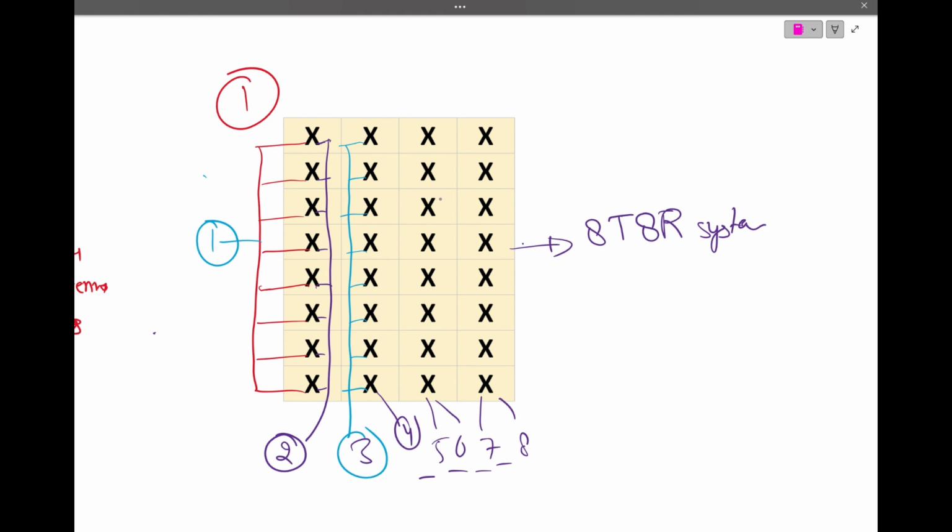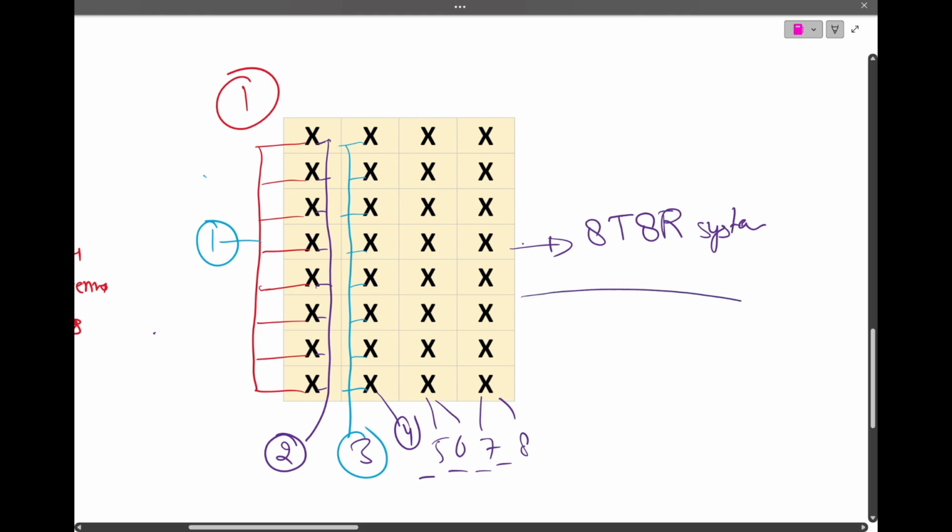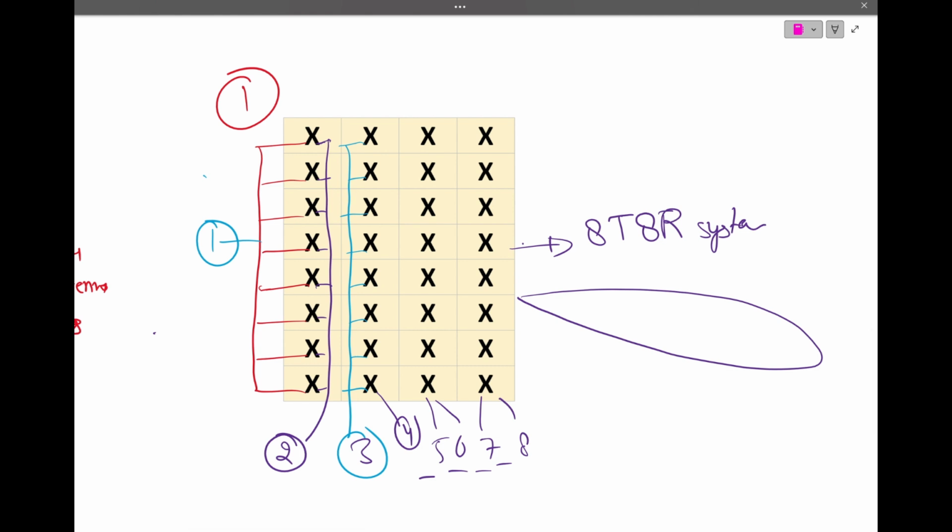Now we have seen this: if the antennas are arranged vertically, it will have vertically narrow beams. Since there are 8 vertical antennas, there will be a total of 8 beams vertically.